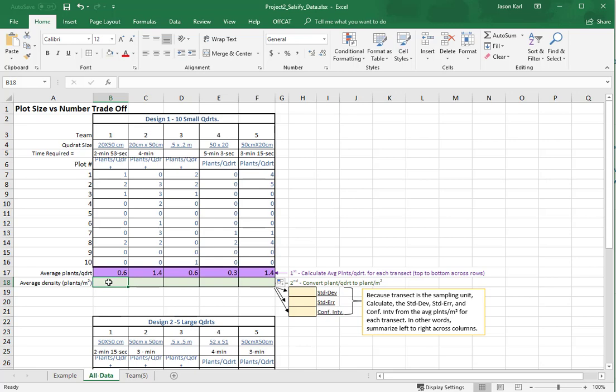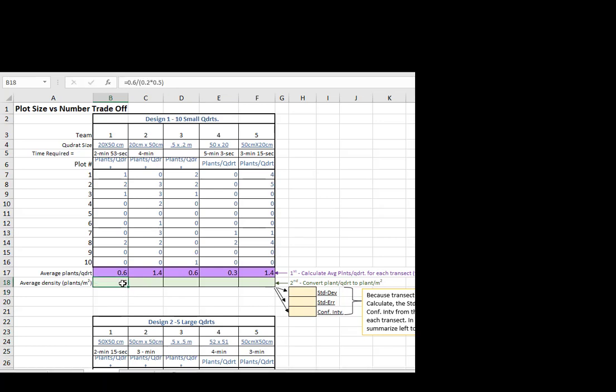So we're going to do this the longhand way, and so we're going to say that our average density is 0.6 divided by, and then I'm just going to do the math right here of 0.2 times 0.5. Now that's all in parentheses, right? Because that all has to be on the bottom of the division. And then if I hit enter, that'll give me 6. I can drag that across here.